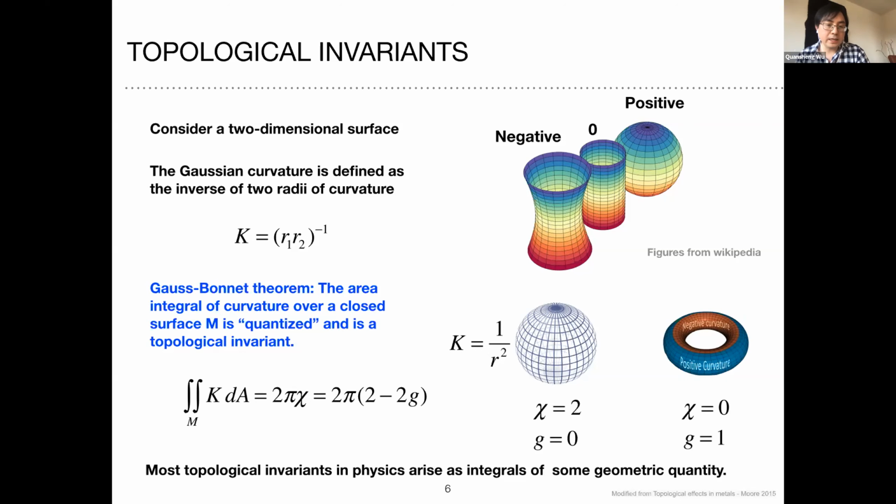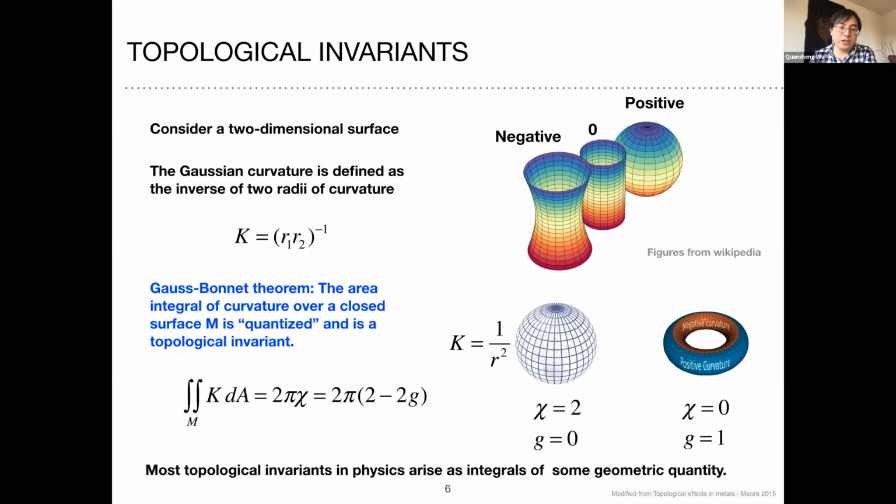It says that the area integral of the curvature over a closed surface M is quantized, and it's a topological invariant. So let's look at the sphere. For the sphere, the curvature is 1 over r squared, and the area of the surface is 4 pi r squared.